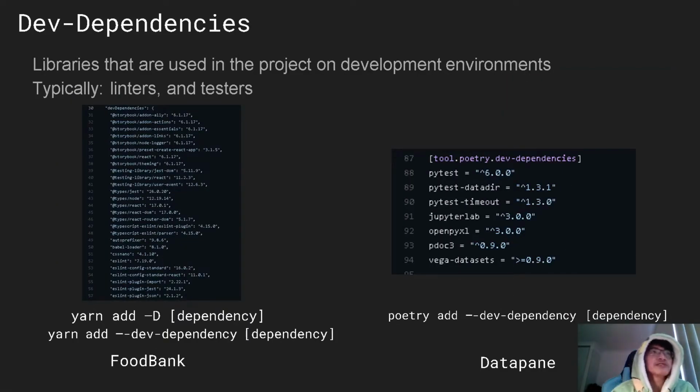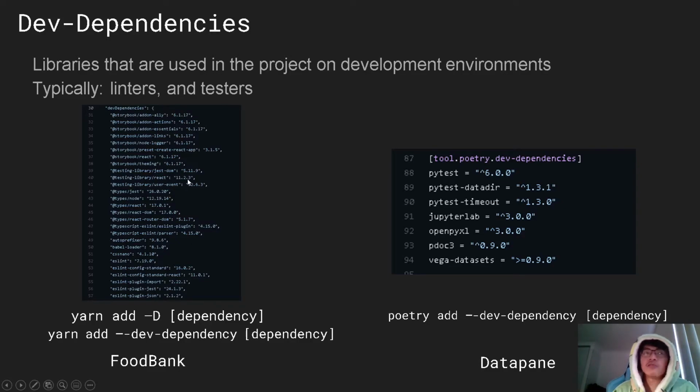Dev dependencies. The difference between dev dependencies and dependencies is that dev dependencies are libraries used in the project on the development environment. Examples of that are usually the linter or the tester libraries. Let's take a look at FoodBank, for example. It has dev dependencies on the Storybook component. It has dev dependencies on the libraries for Jest and also some ESLint configurations.